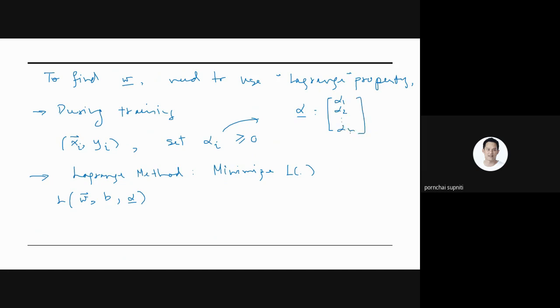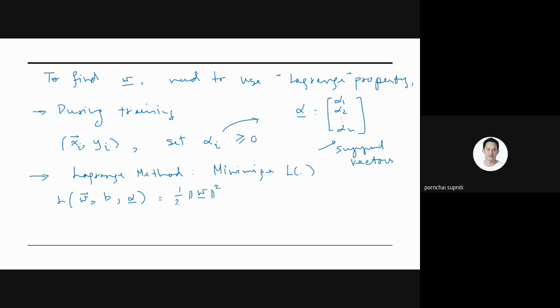And these are the alphas for the support vectors. If there are only two support vectors, then you only have alpha 1 and alpha 2. So for the Lagrange method, it is trying to minimize this function, which is the cost function.